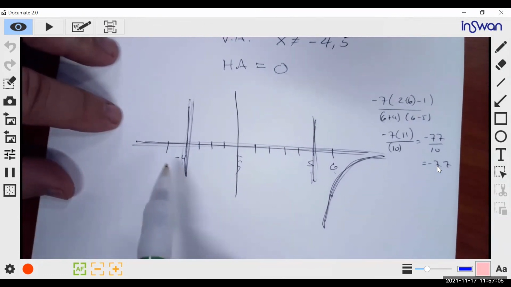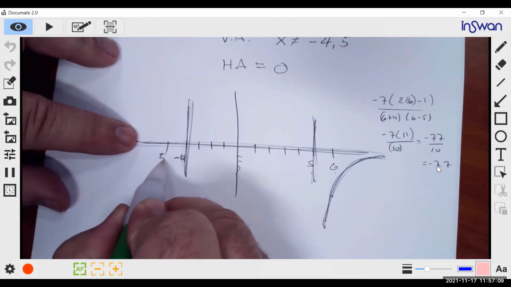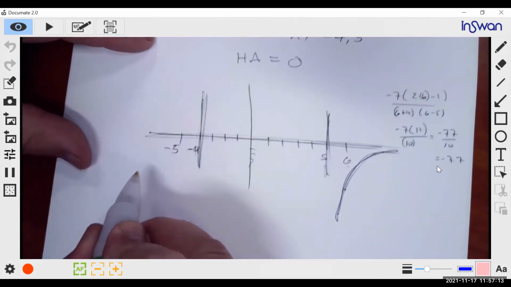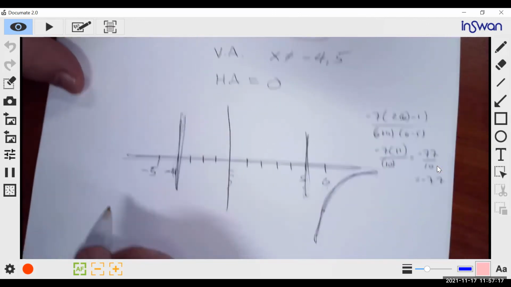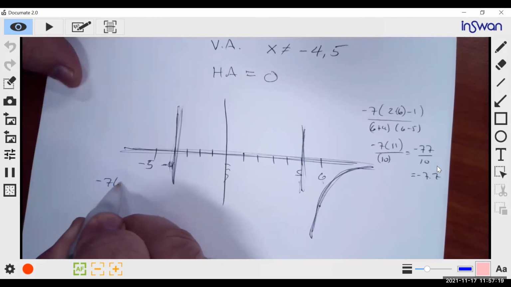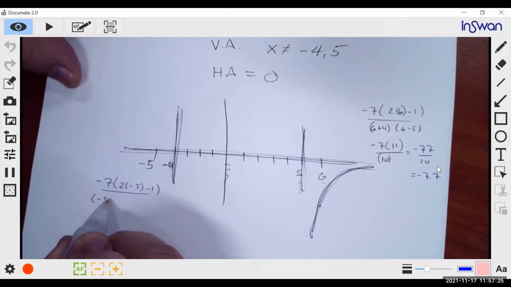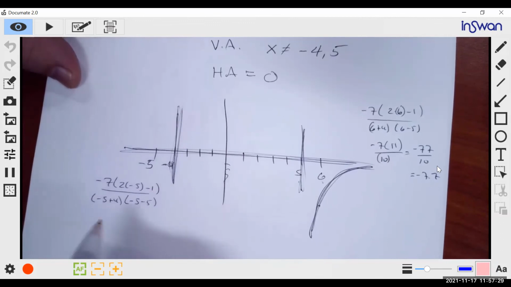Same thing over here. Since I can't use -4, I just take -5. Plug it in the equation. This equation. -7, 2 times -5 minus 1. -5 plus 4, -5 minus 5.